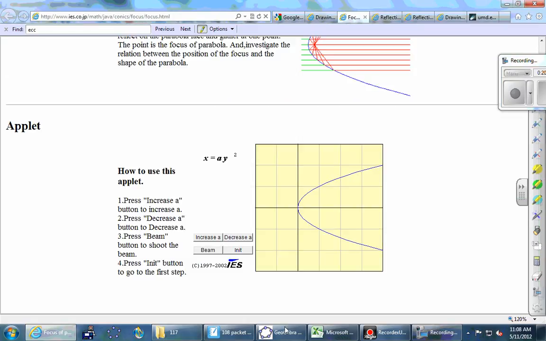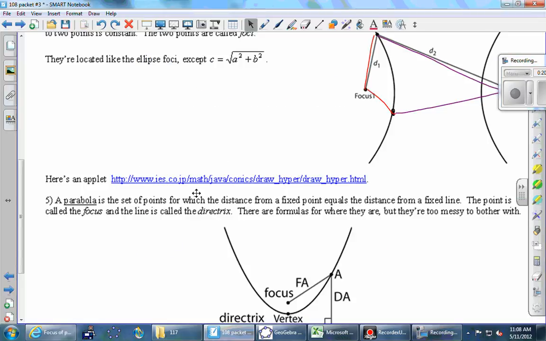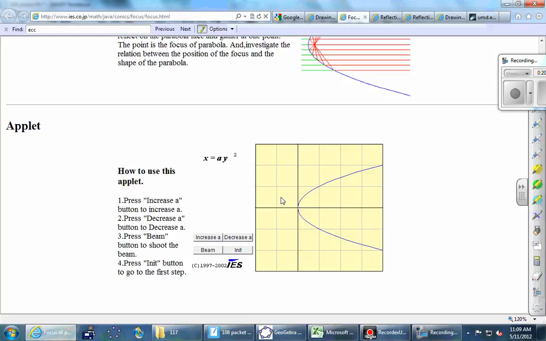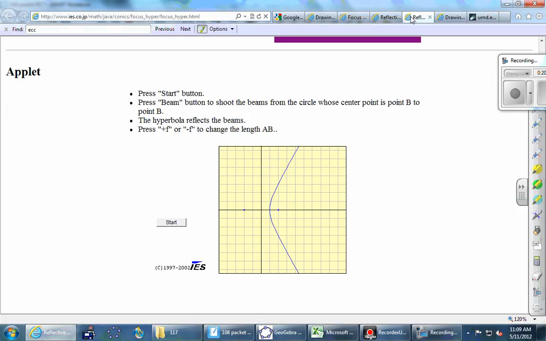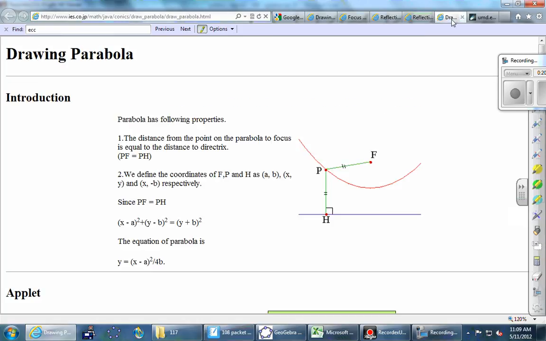Sorry, I thought I had them all open here. Is it that one? No. That one? That one? Yes. Yes? Wait, is that really the one? Yeah, but that's not the one. It's not that one either.